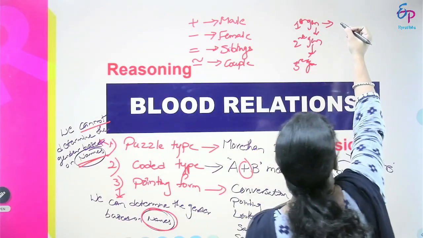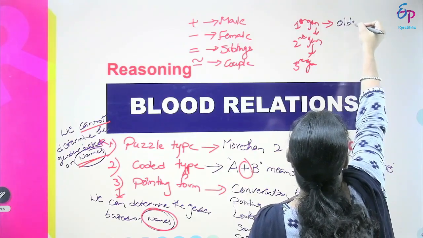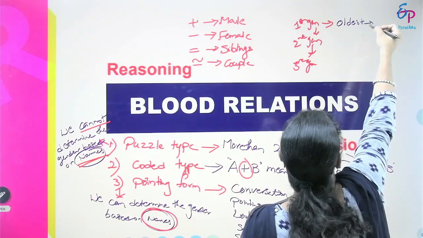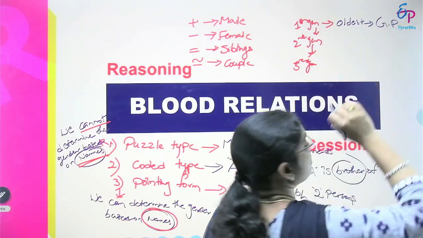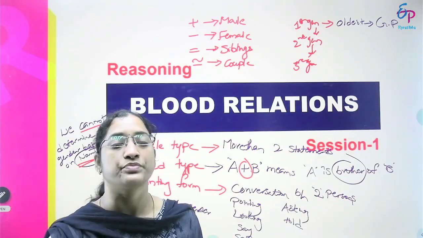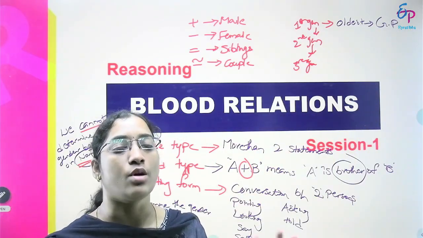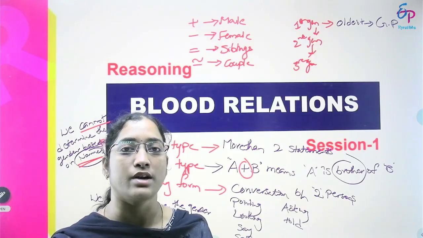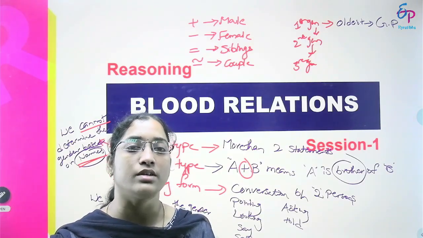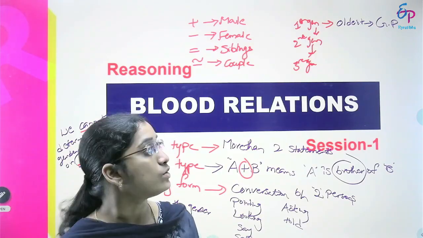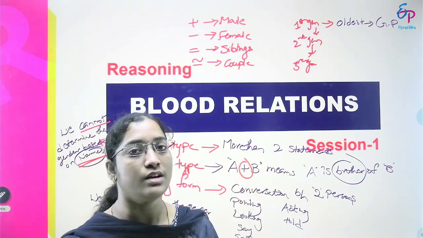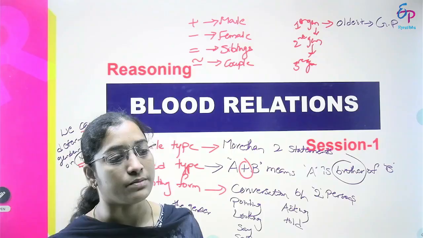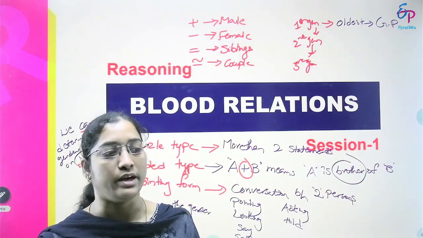Oldest generation means our grandparents. Grandparents means grandfather, grandmother, and the siblings and cousins of our grandfather and grandmother, right? So we have all these persons in our first generation, the oldest generation.